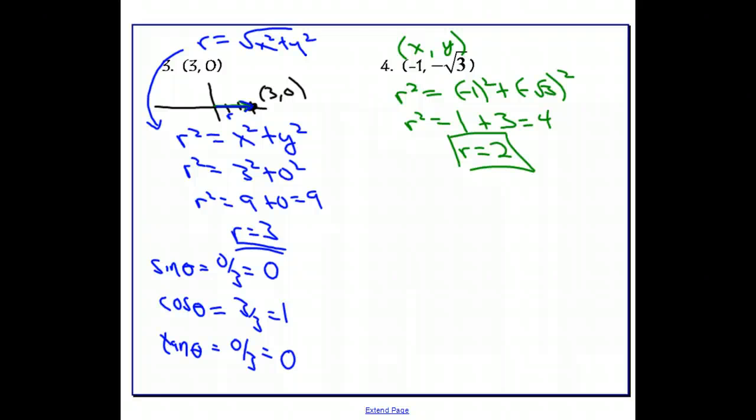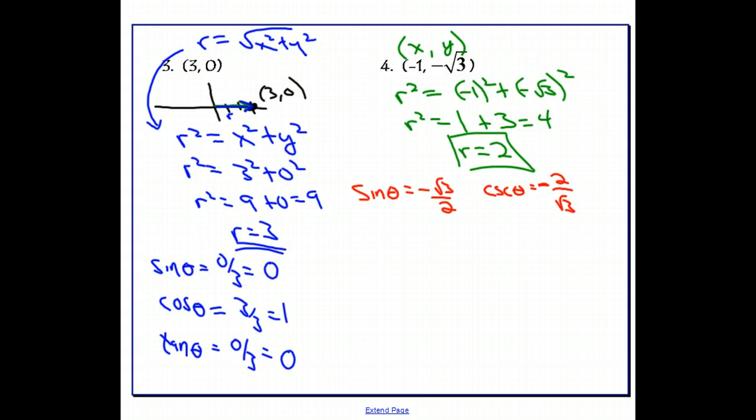All right, what's the sine? Sine of theta is y over r, so it's negative square root of 3 all over 2. Let's get the cosecant. That's the reciprocal, still negative, but it's 2 over the square root of 3. And again, you look at that, and you would remember your algebra.